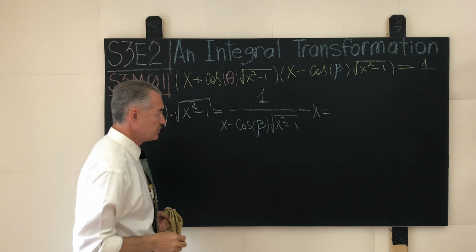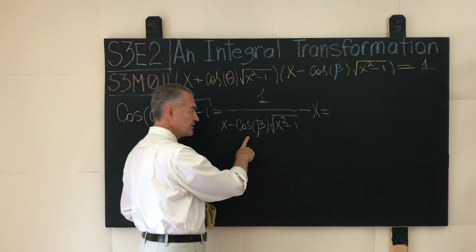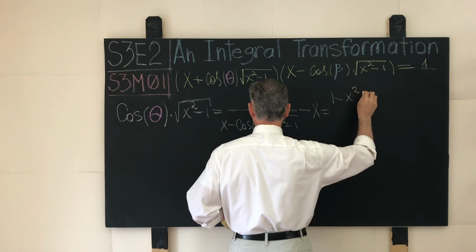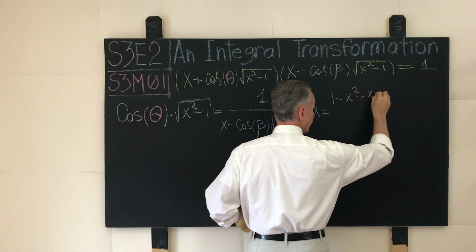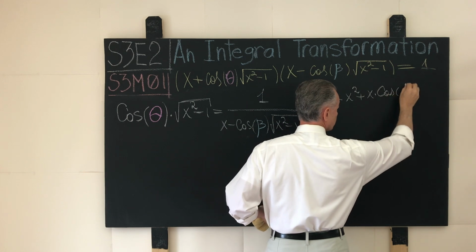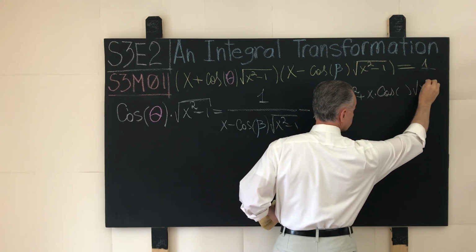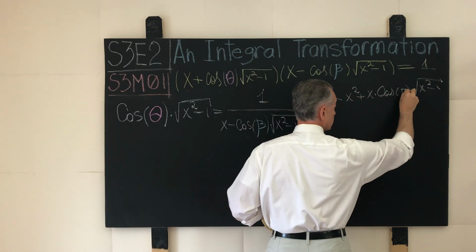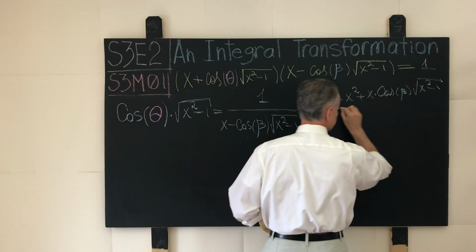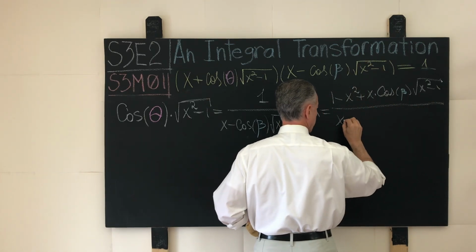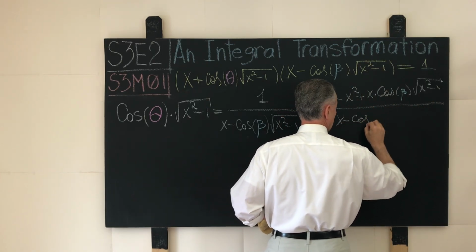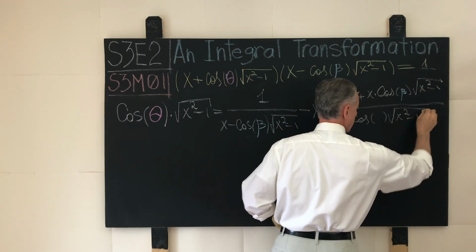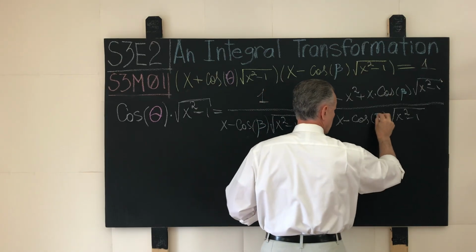Let's carry out this computation together. Common denominator: 1 minus x squared plus x times cosine of beta times the square root of x squared minus 1. And what is the denominator? We already agreed on it: x minus cosine of beta times the square root of x squared minus 1.